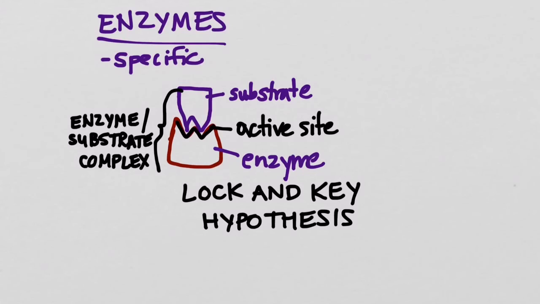But the idea that the active site has a fixed shape is not exactly accurate, and what we've now come up with is something called the induced fit model, which is where the walls of the active site cleft are going to move a little to wrap around the substrate as it binds.